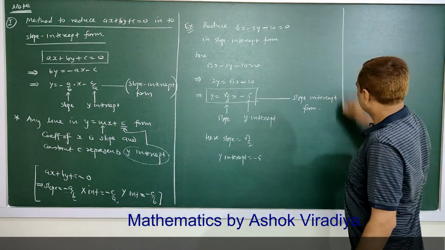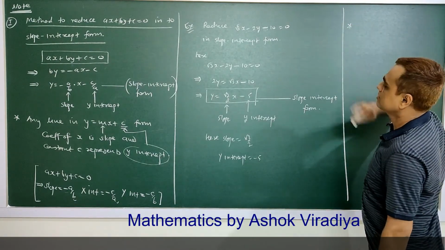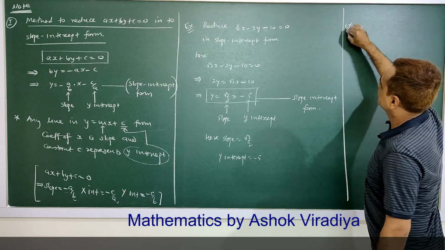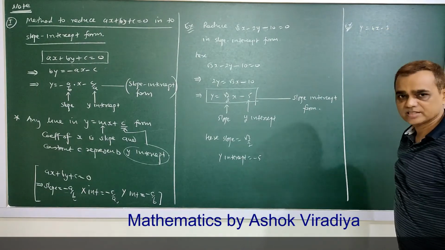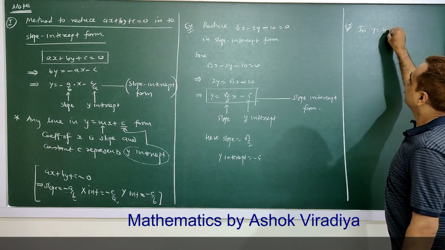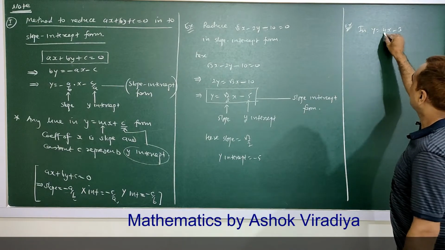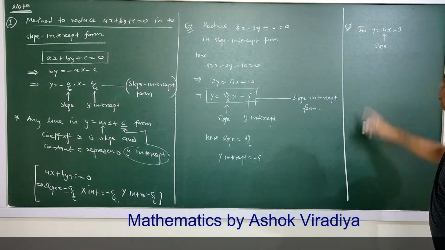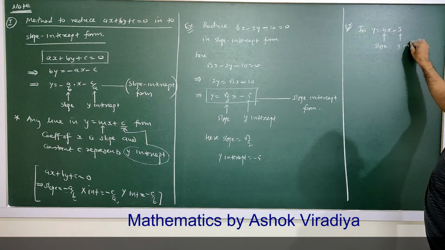See, suppose if I take y equal to 4x minus 3, so in this equation y equal to 4x minus 3, this is the slope. The slope is 4, y equal to mx plus c, and minus 3 is the y-intercept.